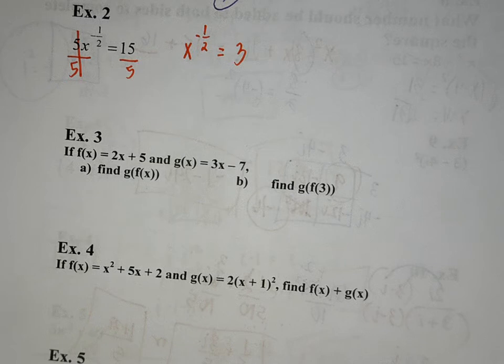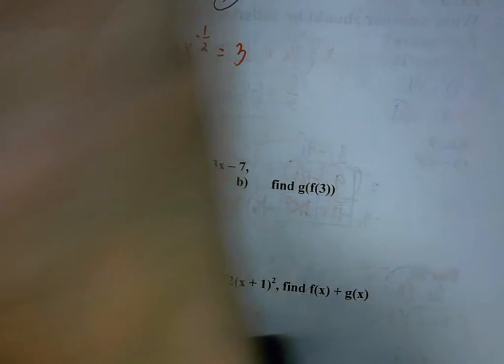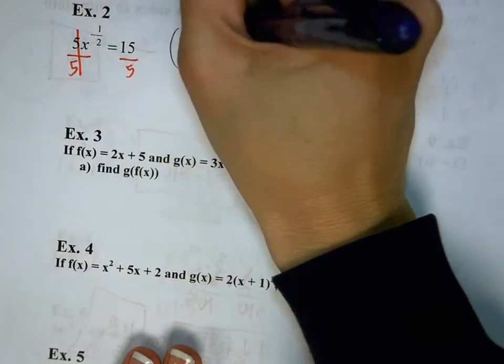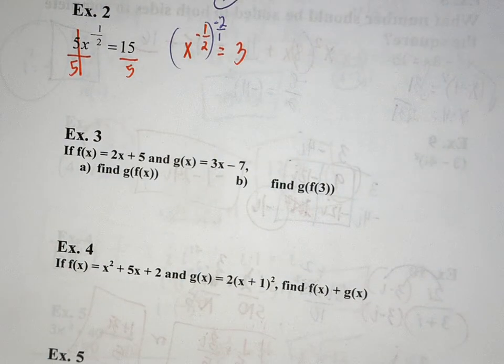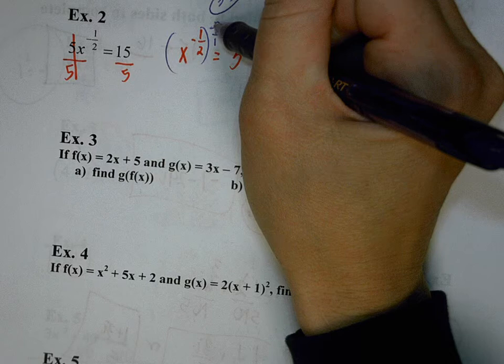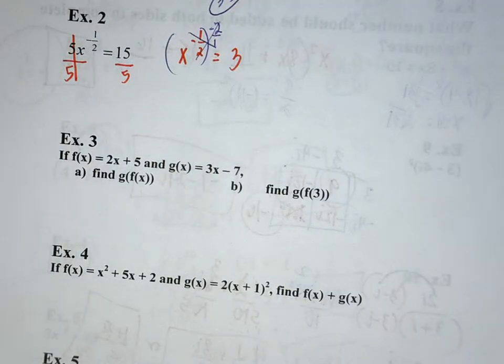You take it to the reciprocal power. But because it's a negative, I'm going to raise it to a negative power as well to make the power positive. Does that make sense? So we are raising this to the negative 2 power, or if you want negative 2 over 1, that's fine. Because that will end up canceling out that power.